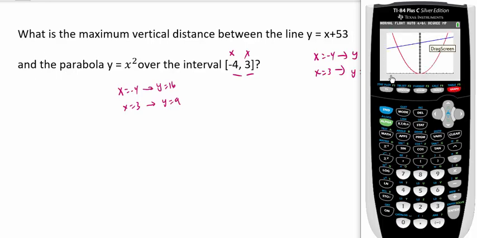Since I intend on screenshotting this to explain the problem, it's bothering me that the y-axis has all those thick tick marks. Press window and I'll show you why that's happening. Your y-min and y-max are from 0 to 70, which means there's 70 units of length on the y-axis, and your y-scale is 1, telling the calculator to put a tick mark every 1 unit. Since your y-axis is 70 units long, you're getting 70 tick marks graphed on the calculator.